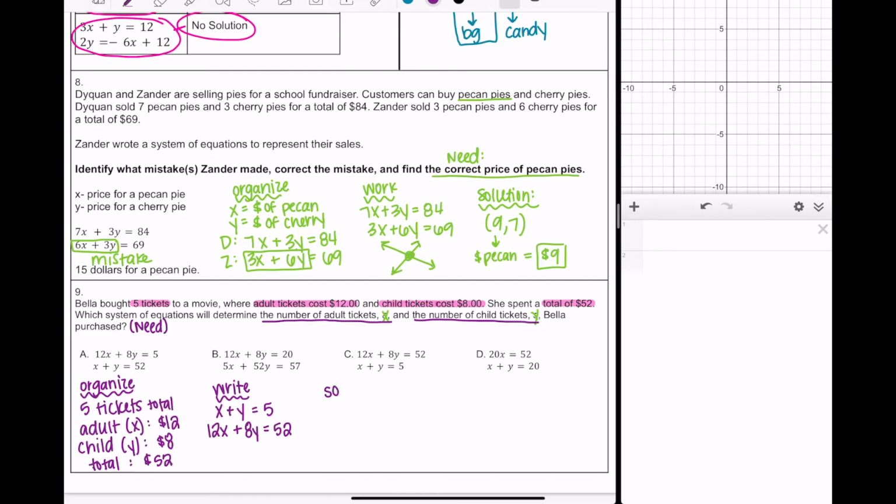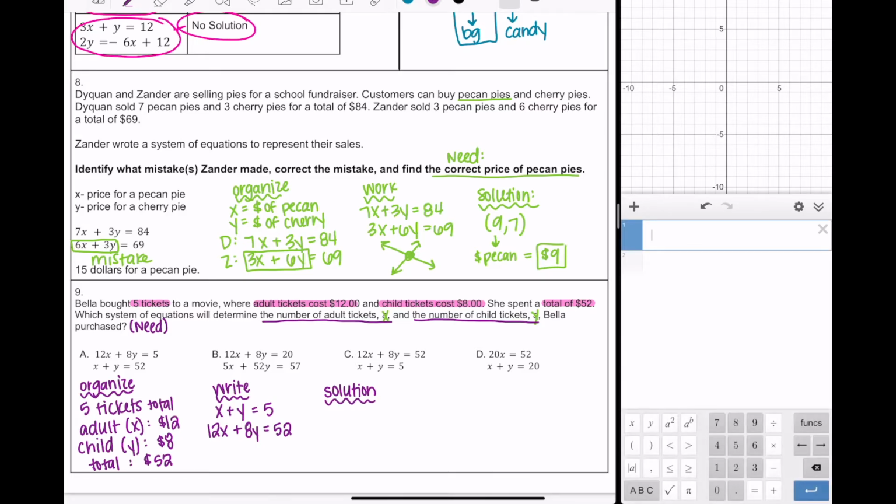All right, since we're looking for adult and child tickets, our solution is going to be the x and the y value. So we're going to graph these. It's not asking us for this precisely, but it is asking which system we would need to type in.